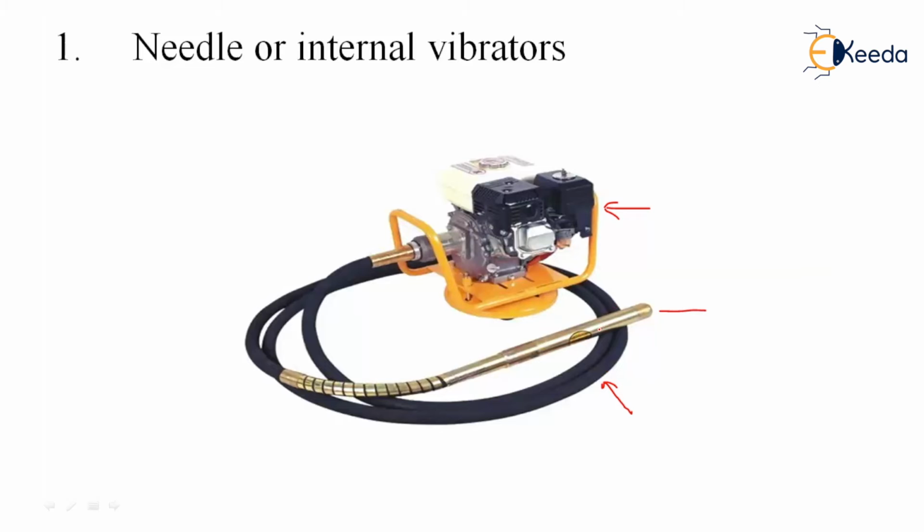The worker will hold this needle in his hand from this part, and he will inject this needle into the freshly placed concrete. If this is your layer of concrete, the needle will be placed vertically downwards and not inclined. It is always preferred to be vertically downwards for better vibrations.